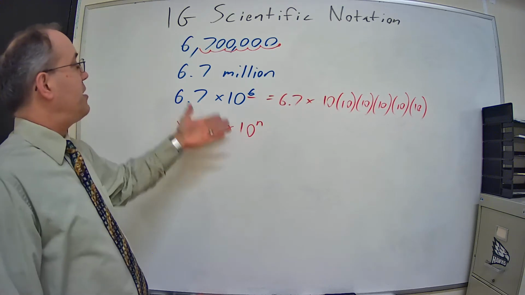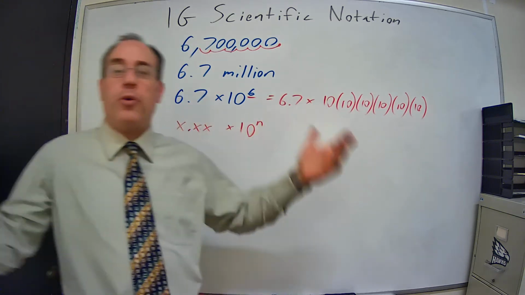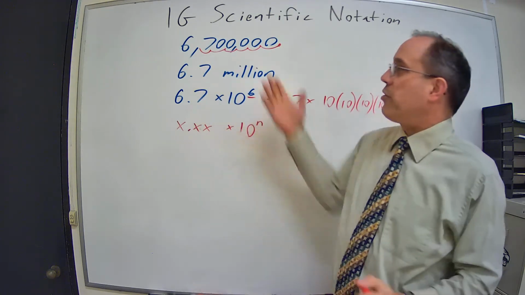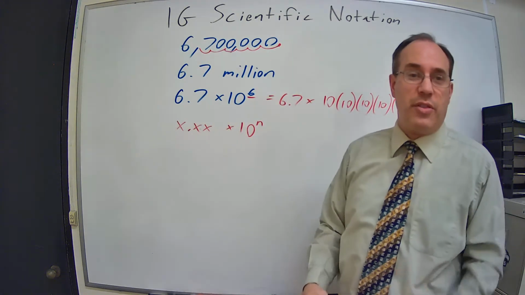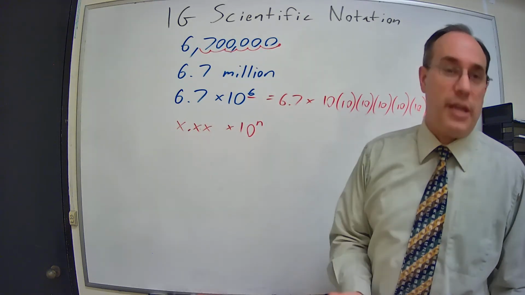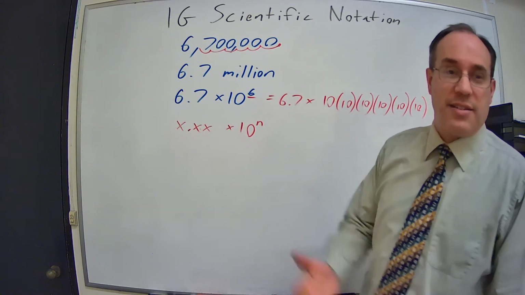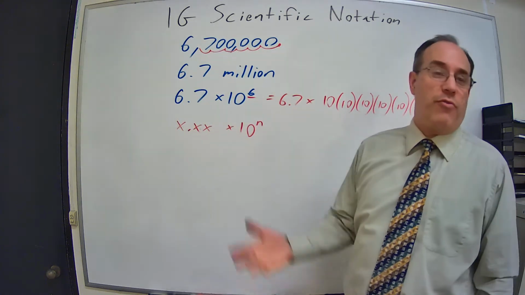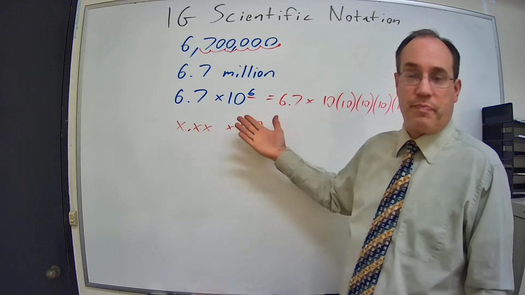Now, why do we do this? Well, same reason we say 6.7 million instead of 6,700,000. It's quicker to write, it's easier to deal with, and as numbers get larger and larger, like 7.8 trillion, it's a lot easier to do that. Here we're putting it in numerical form, but we're doing the same thing.